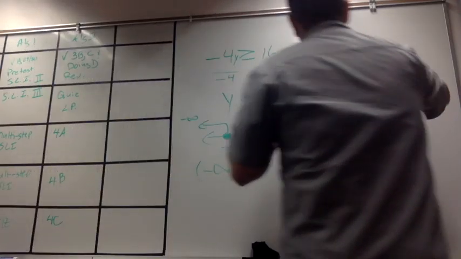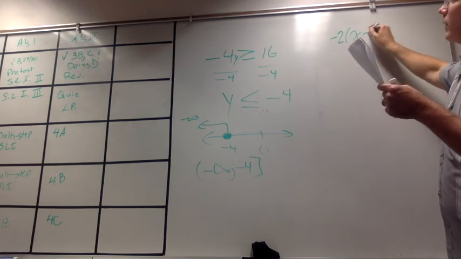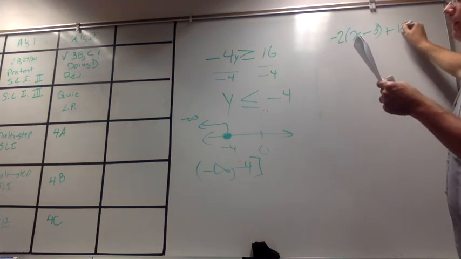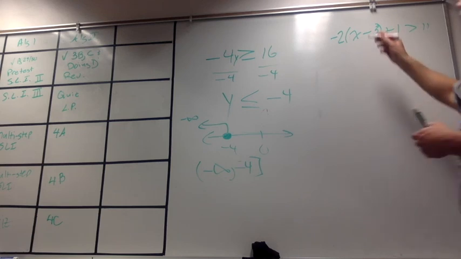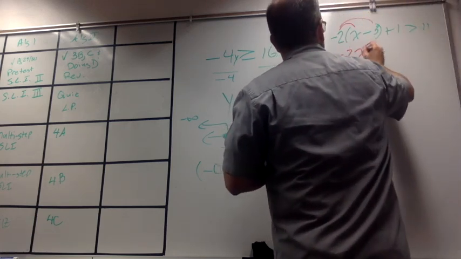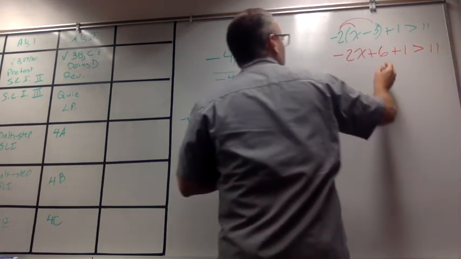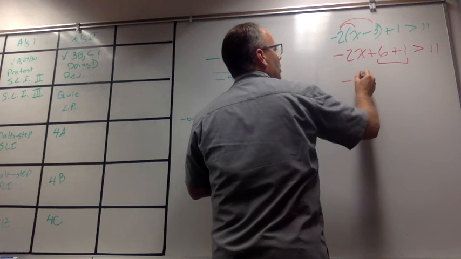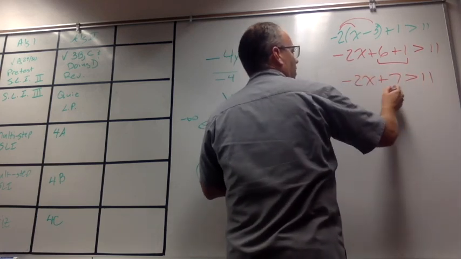We good? All right. I think I could do this one. Distribute here and here, so I get negative 2x plus 6 plus 1 is greater than 11. I can combine like terms, and then start subtracting.